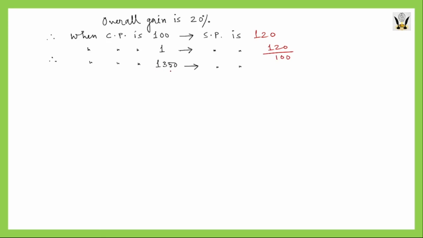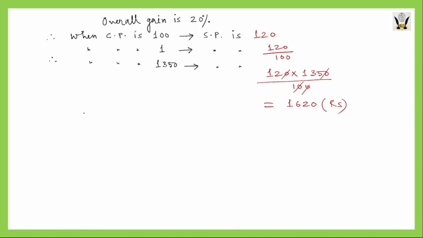So the total selling price will be 120 multiplied by 1350 divided by 100. The zeros cancel each other, and if we simplify further, it will be 1620 rupees, which is the total selling price of all three items.